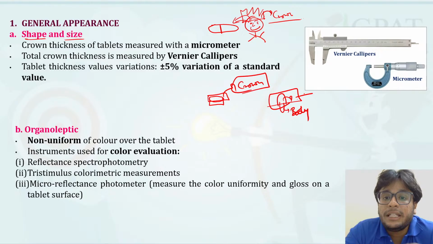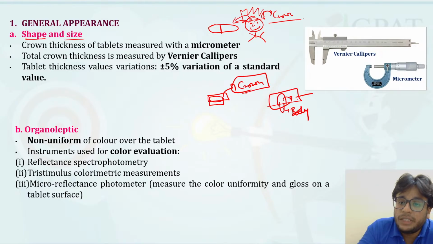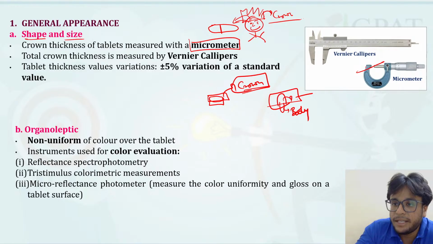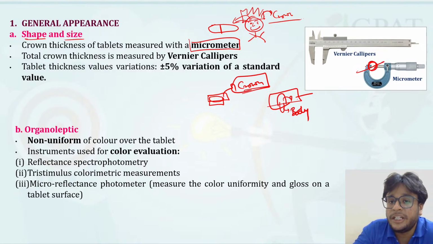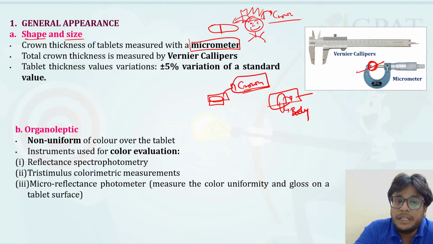If we want to determine only the crown thickness, we have to use the micrometer. This is the micrometer. It is mainly helpful in determining the crown thickness or a smaller thickness of the tablet. And if we have to determine the total tablet thickness, we have to use the vernier calipers.